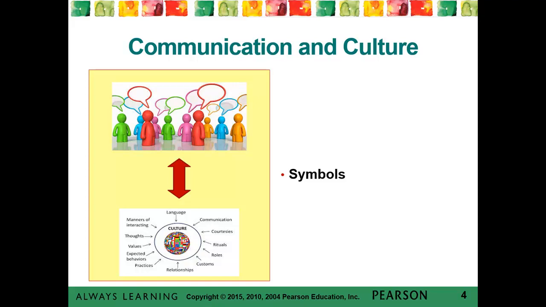Spoken and written words probably come to mind, but we also communicate with nonverbal symbols. Examples of nonverbal communication, or what we refer to as body language, include gestures, facial expressions, body positioning, touching, and eye movements. The author then introduces us to this idea called kinesics.